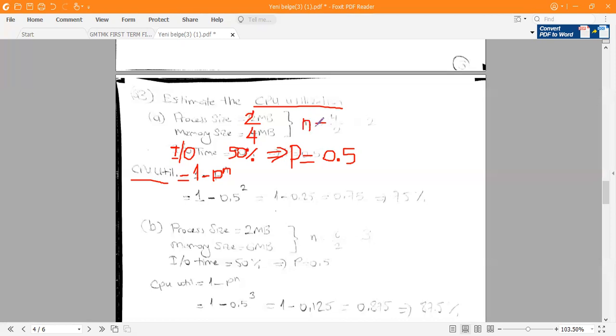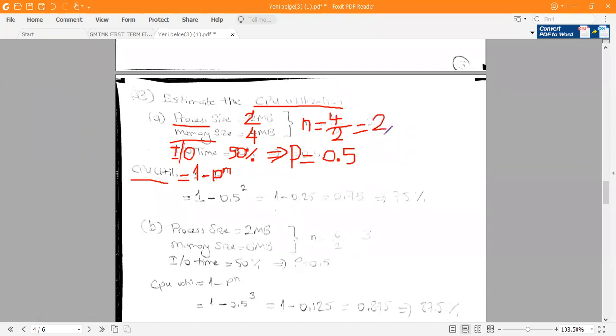the division of the memory size by the process size. This roughly calculates how many processes we can fit into the memory. So if my memory size is 4 megabytes and the process is 2 megabytes, we have to say 4 over 2. So it will be 2.